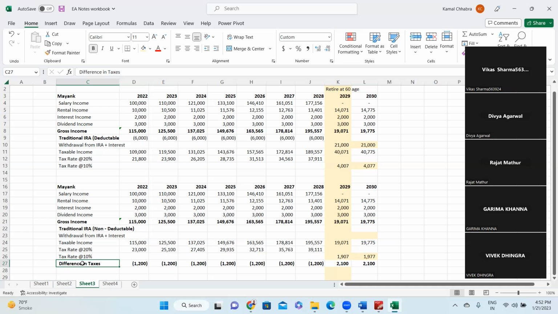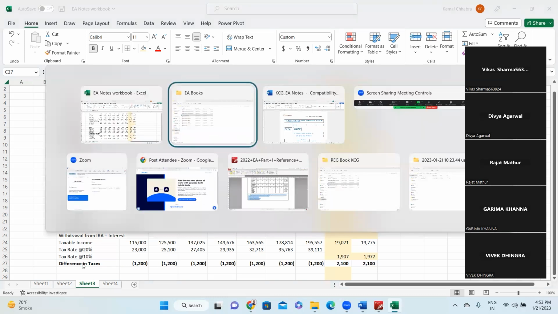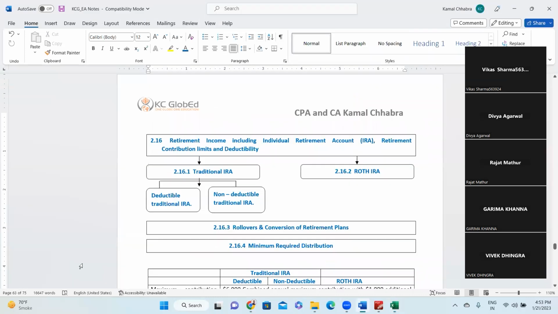But the withdrawal is exempt, and the interest and dividends you have earned are also exempt in case of Roth IRA. So Roth IRA goes similar to traditional non-deductible IRA. Make sense? Divya, Vikas? Yes, sir. Rajat, all good?